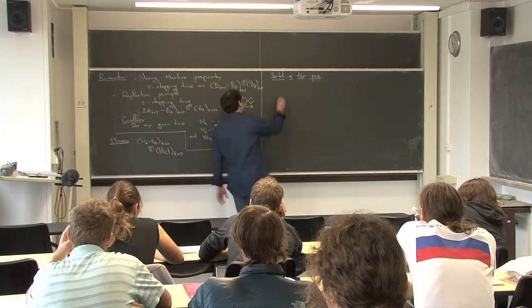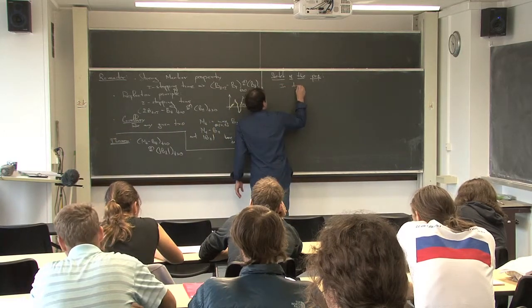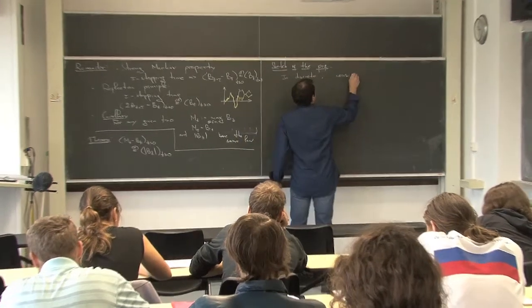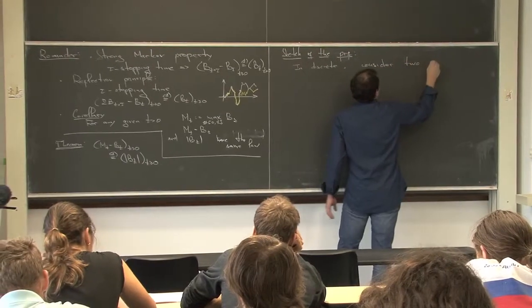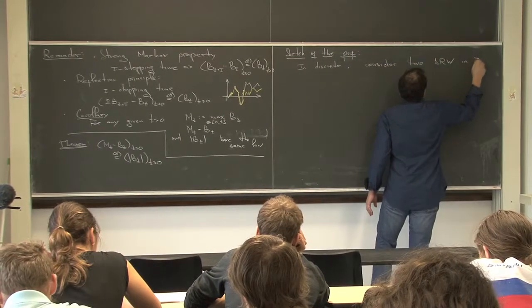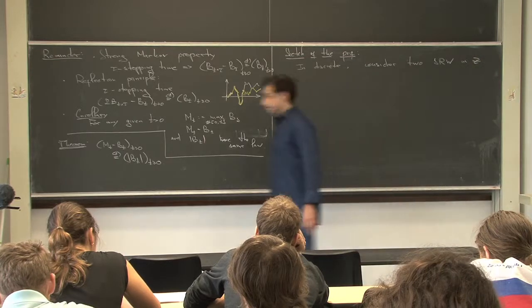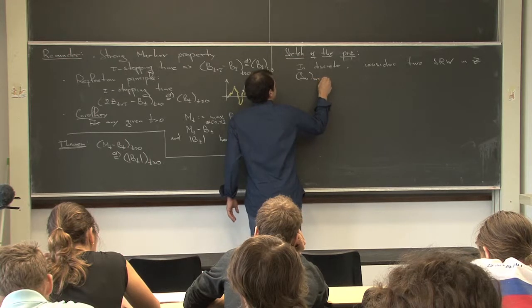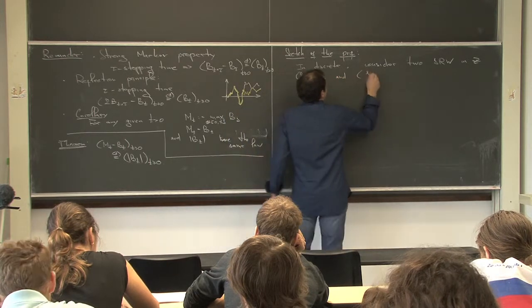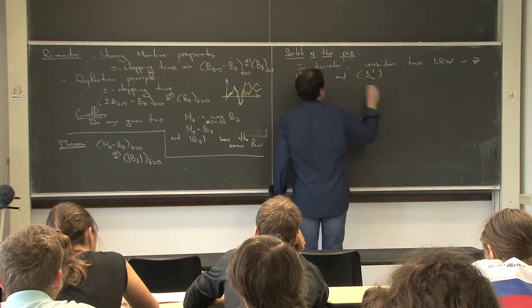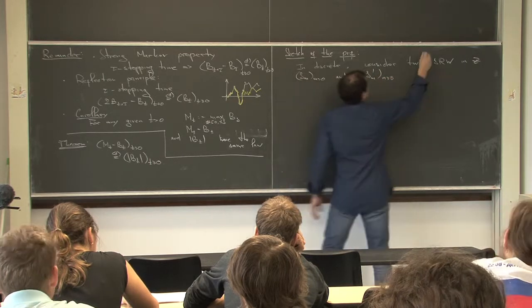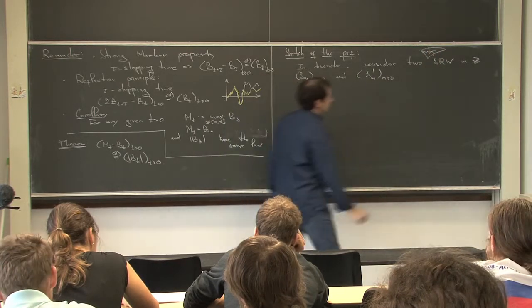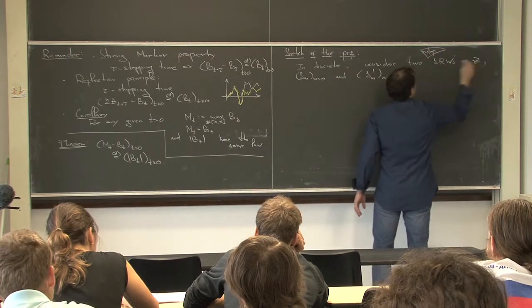So just in discrete: consider two simple random walks in Z, say S_m and S'_m, two independent simple random walks in Z started at the origin.